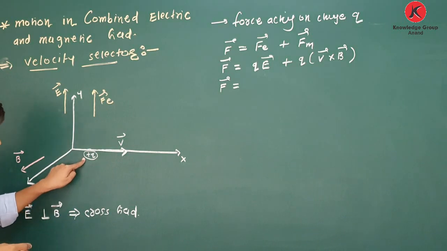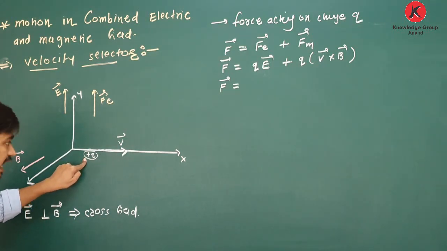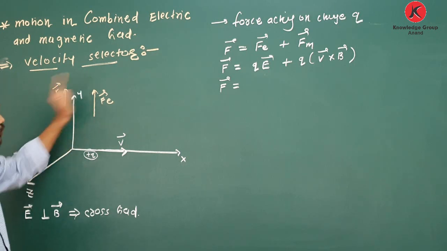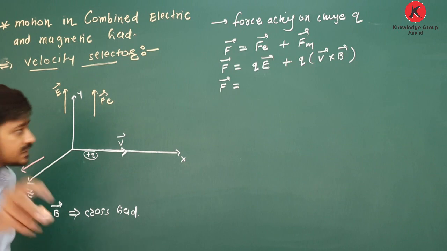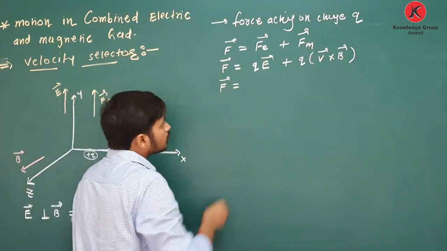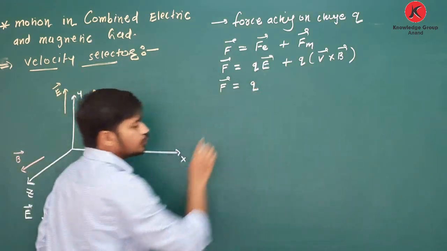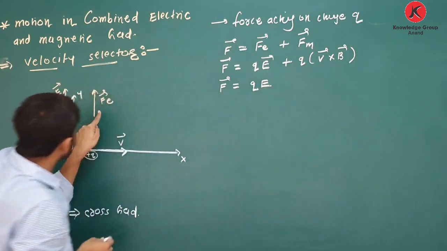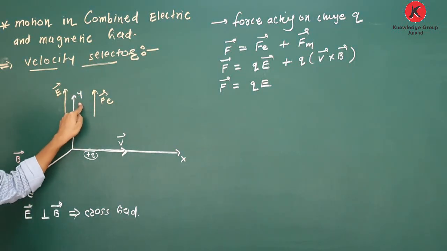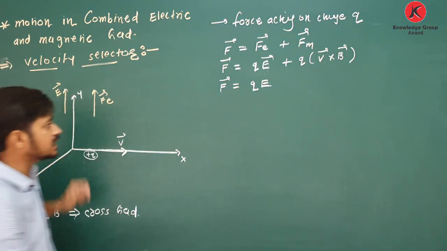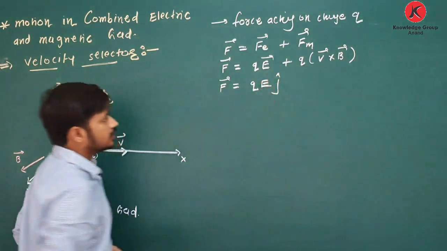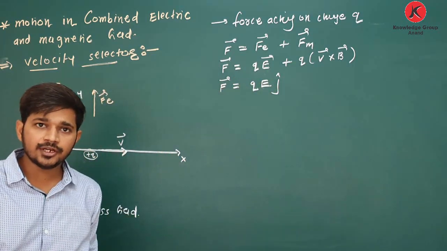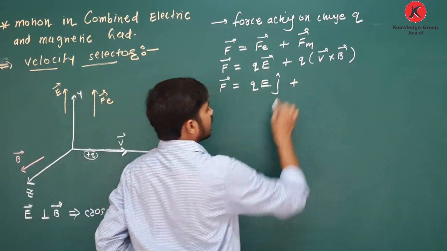Force acting on this charge due to the electric field is in the direction of the electric field, means in the positive y direction. Then how to write? See, F is equal to QE. Charge is Q, magnitude of electric field is E. And here see, this force is acting in the y direction. What is the unit vector in the direction of the y axis? J capital. Clear about this? Q as it is, electric field in the y direction. Clear? Okay. Plus, here it is, plus.